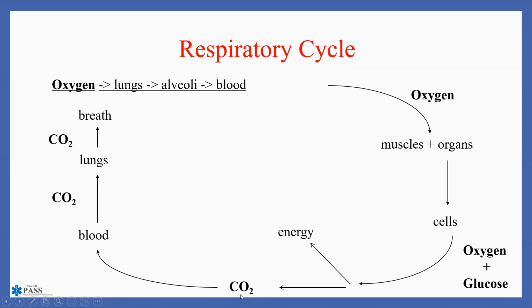And that is where CO2 comes in. So now we have CO2 in the blood. It has diffused from those cells back into the bloodstream because it was in an area of higher concentration than lower concentration. The CO2 comes back up into the lungs, and we end up exhaling that in a breath-to-breath format.